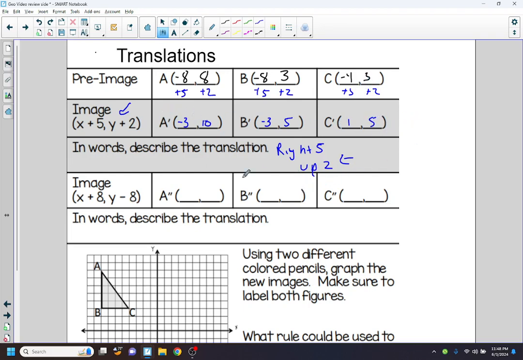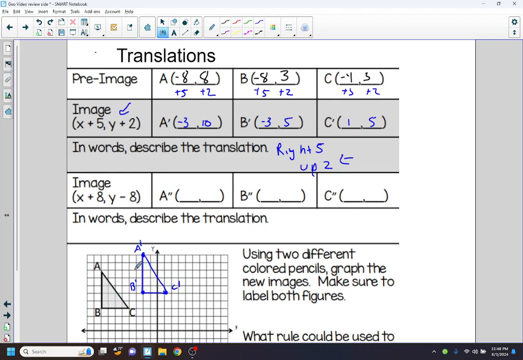After I have this, I am just graphing it. So negative 3, and up 10. That's A. A prime, we call it, or A dash, or whatever. Negative 3, 5 is B prime. And C prime is 1, up 5. If you connect the dots, it should be a congruent triangle to the previous one.